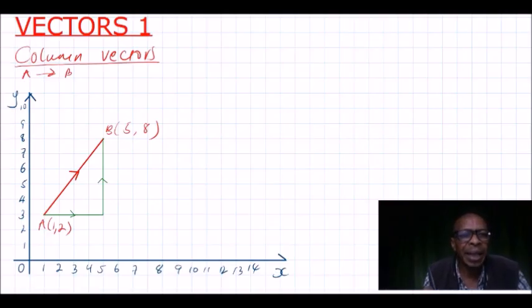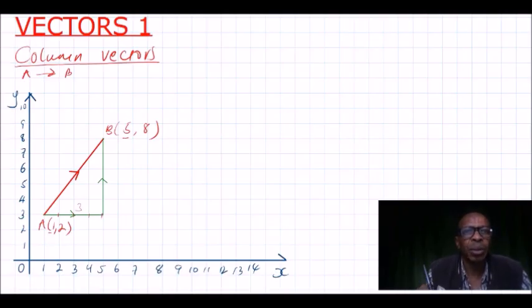Along the x-axis, from 1 we get to 5, so there are 4 units. You add 4 units. What about along the y-axis?